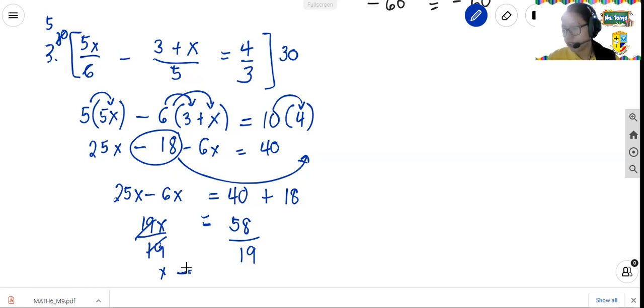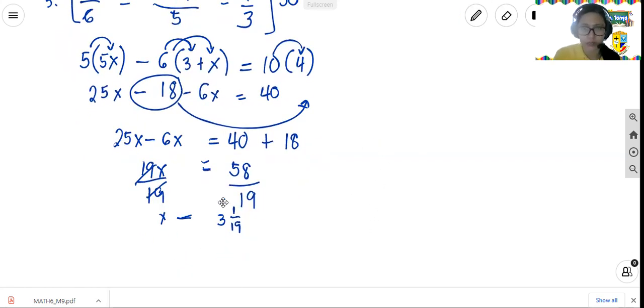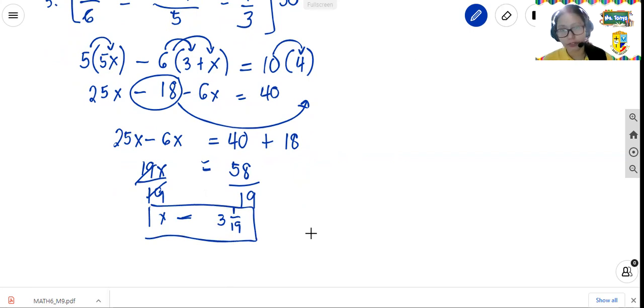So 58 divided by 19 will give us around 3 as a whole number, since 19 times 3 is 57. So it would give us 3 and 1 over 19. Or you can simply write x equal to 58 over 19. But it's best if you put it in mixed number form.